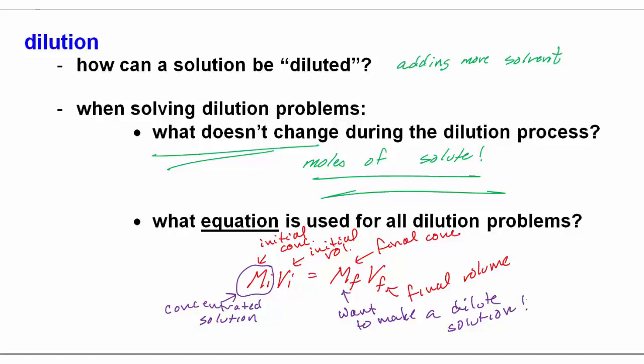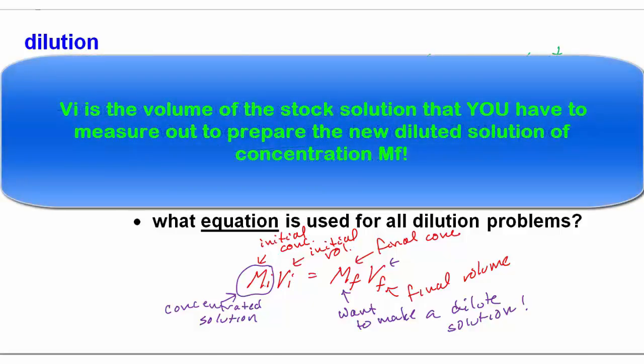Mf is going to be that final concentration, the concentration of that dilute solution. Vf would be the volume of that dilute solution. Mi is the concentration of the really concentrated or the stock solution. And Vi is the volume that you take of that stock solution.